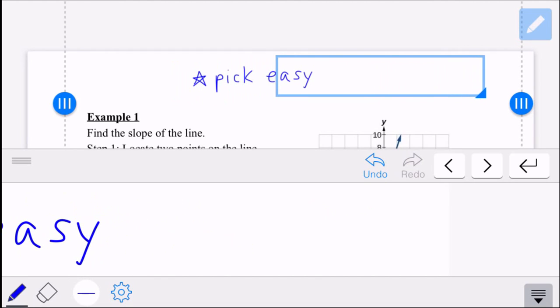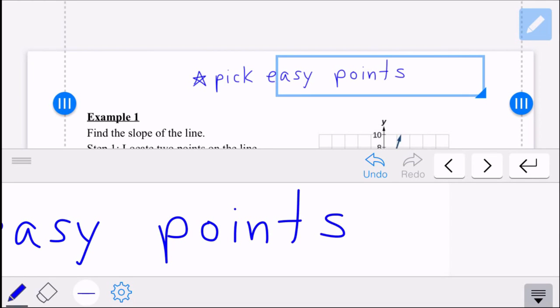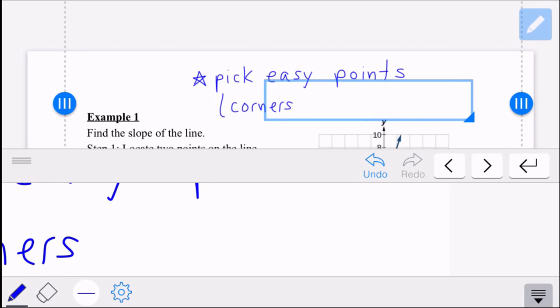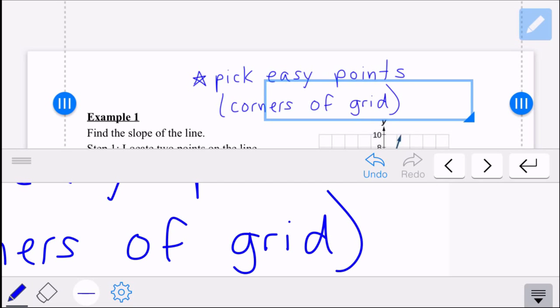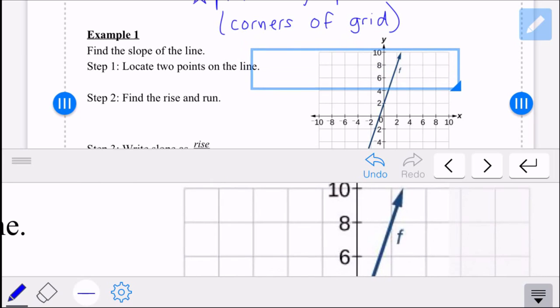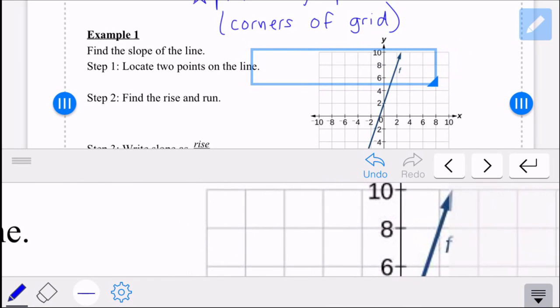Don't bother with that. Find points that are on the corners of the boxes, or the corners of the grid in the coordinate plane, okay? Easy numbers.